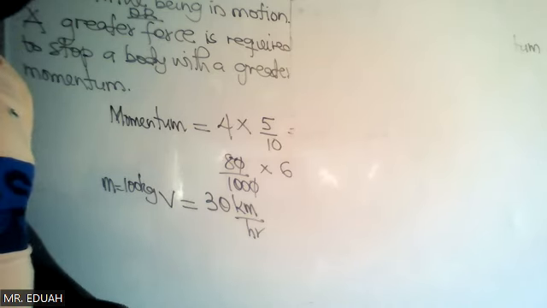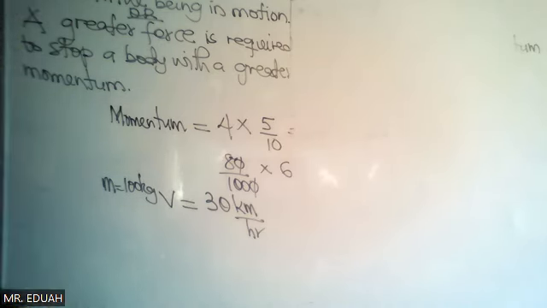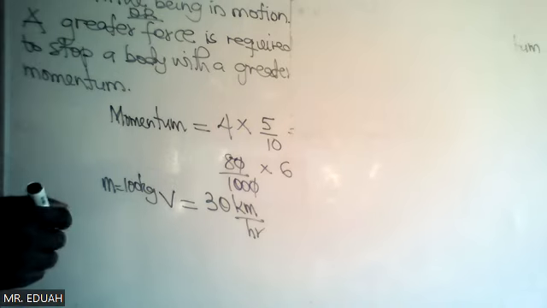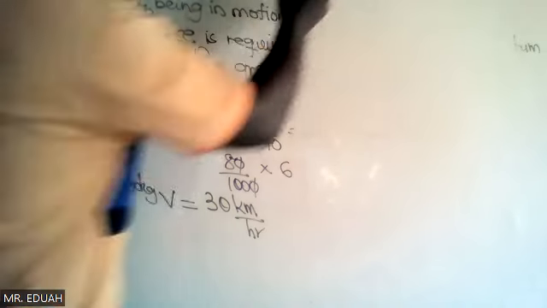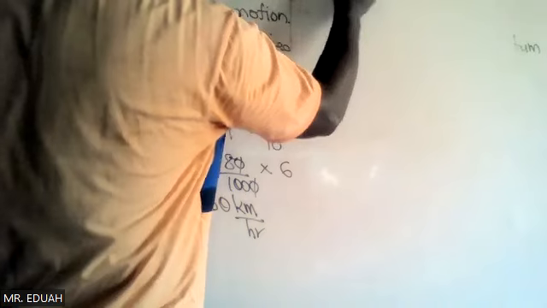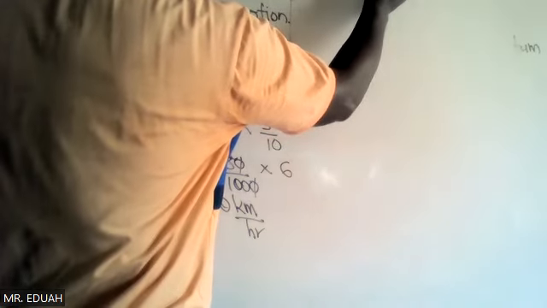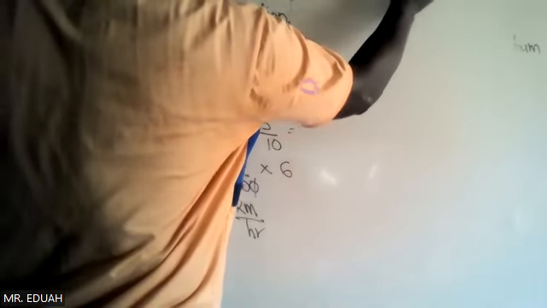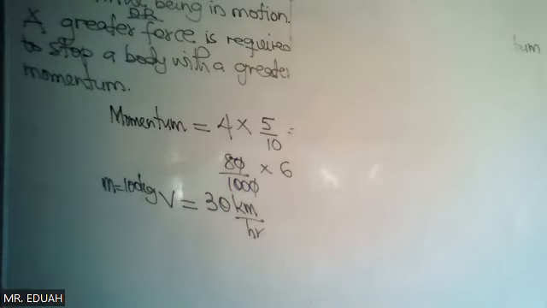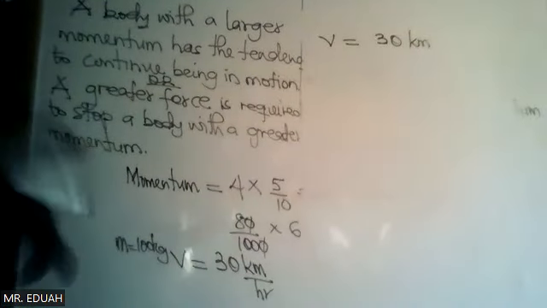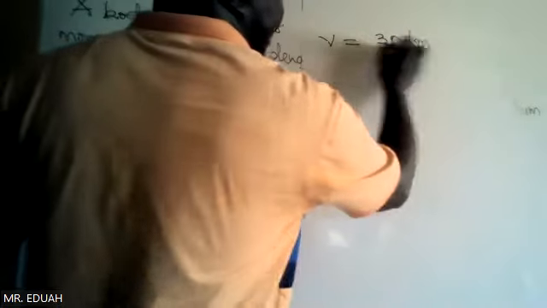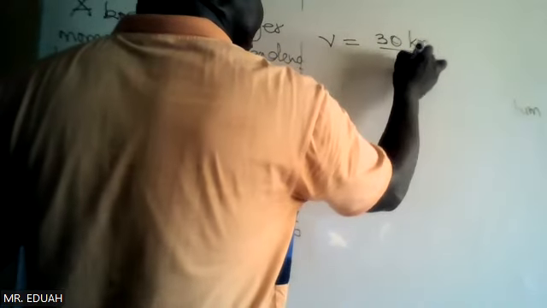Please, I changed the 30 kilometer per hour to meter per second. I divided 30 by 3,600. Okay. So 30 kilometer per hour, 1 hour.